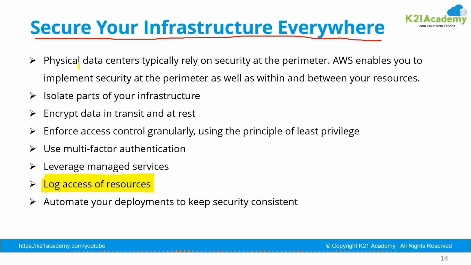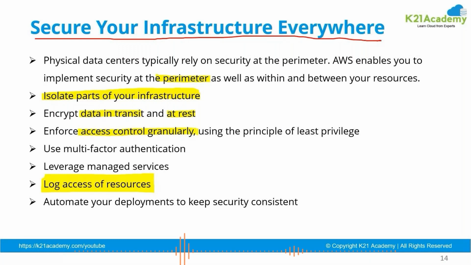You should deploy security at the perimeter. You should isolate your infrastructure. Everybody should not be able to have access to everything. You should deploy security of data in transit and the security of data at rest. Enforce access control granularity with least privilege.